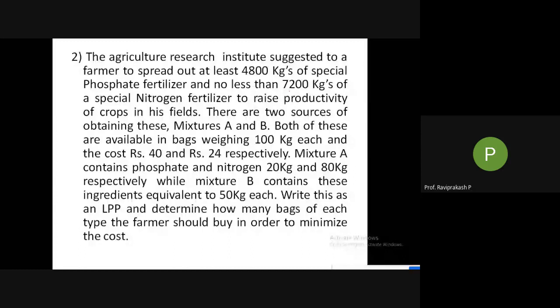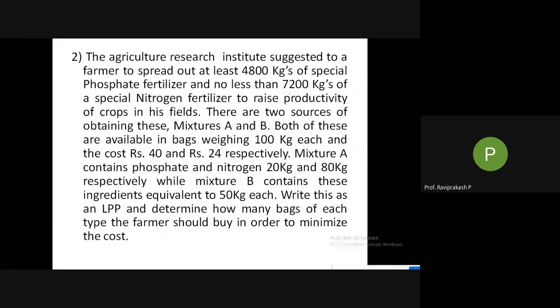Full stop. There are two sources of obtaining these: mixtures A and B. Full stop.